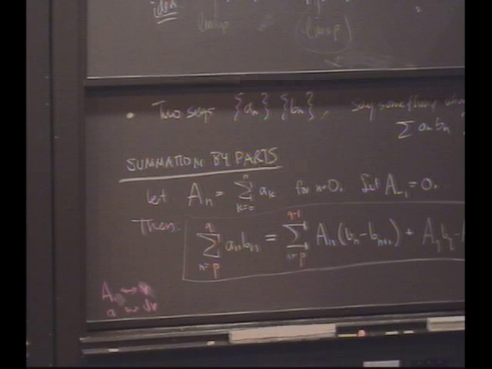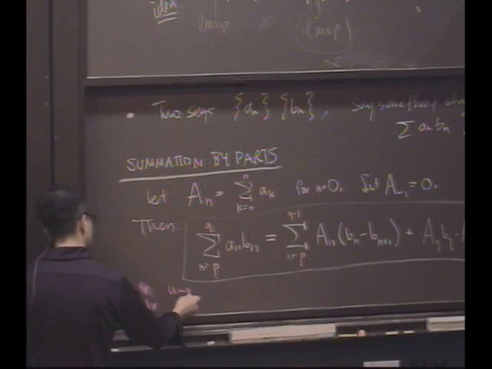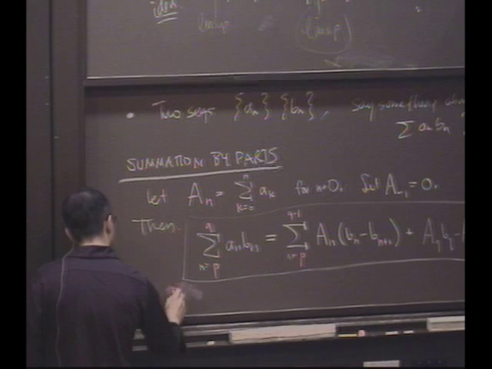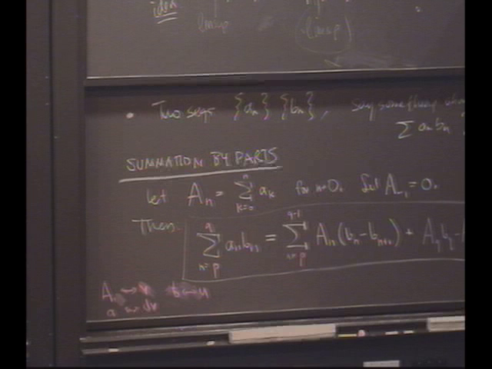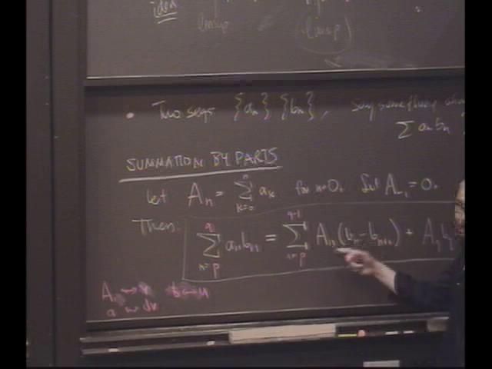And then what's playing the role of u? u dv, that's b. b is playing the role of u. And what's playing the role of du? It's this change here, right?